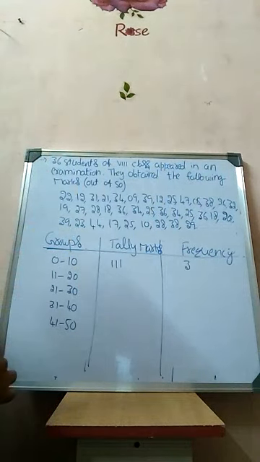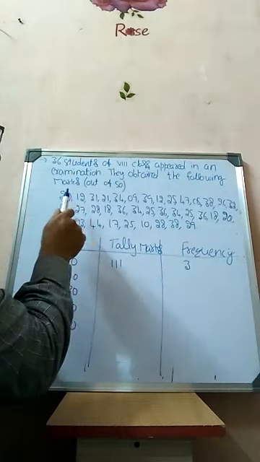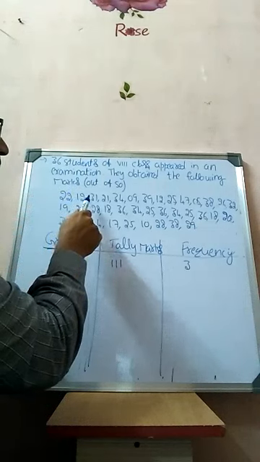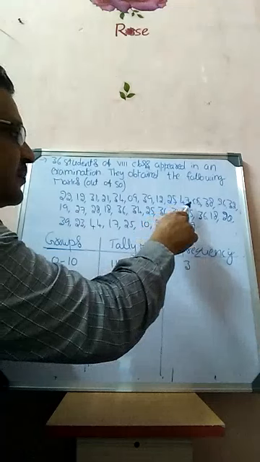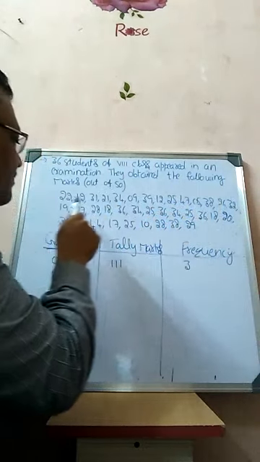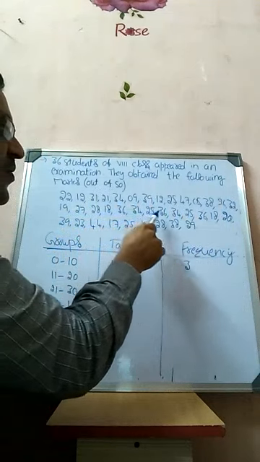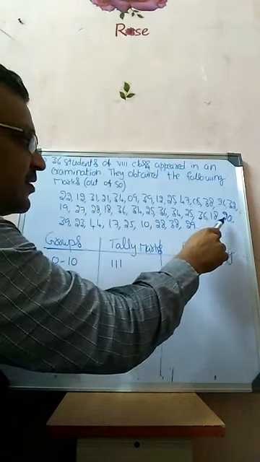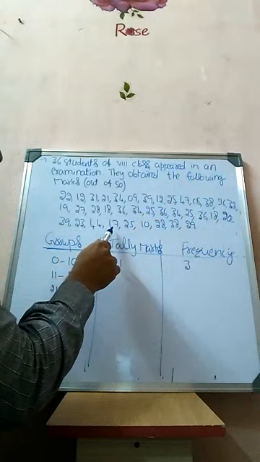And next, in between 11 and 20, including 11 and 20, how many students got? 1, 2, 3, 4, 5, 6, 7.